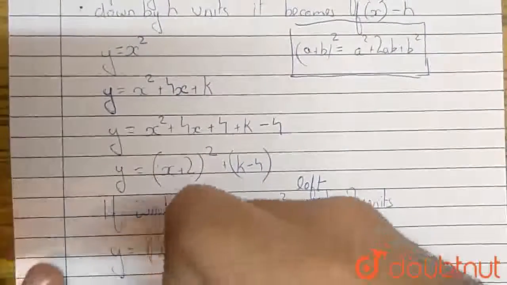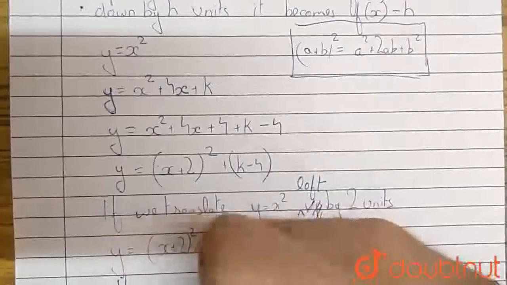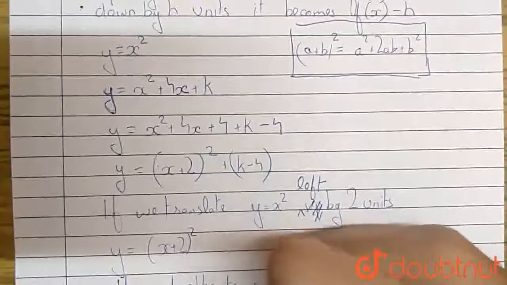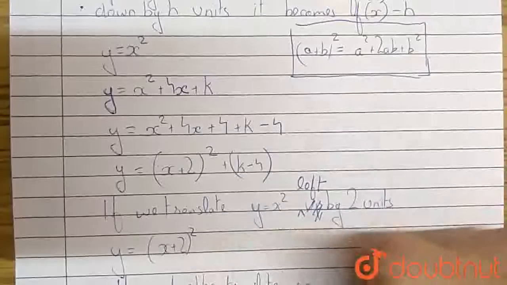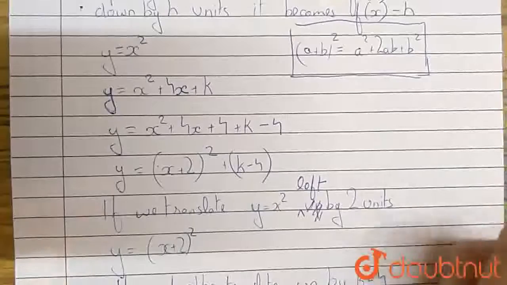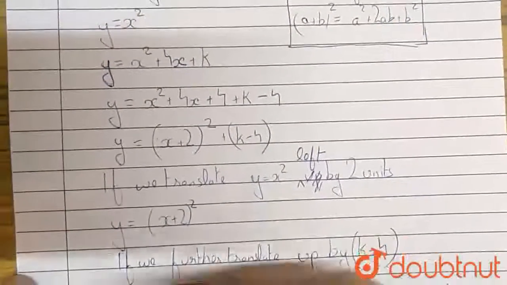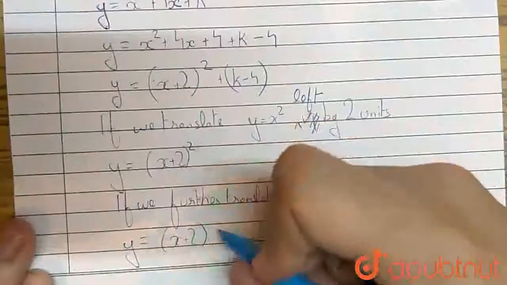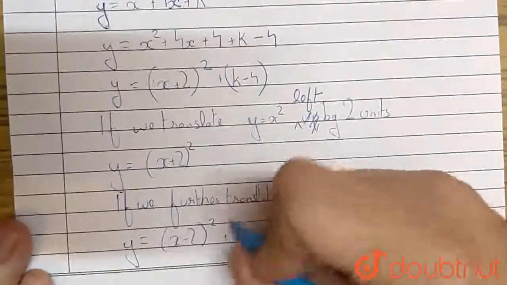And if we further translate up by k minus 4, we will get y is equal to x plus 2 whole square plus k minus 4.